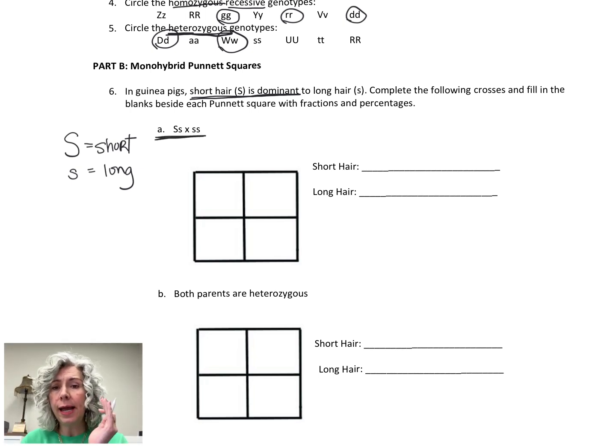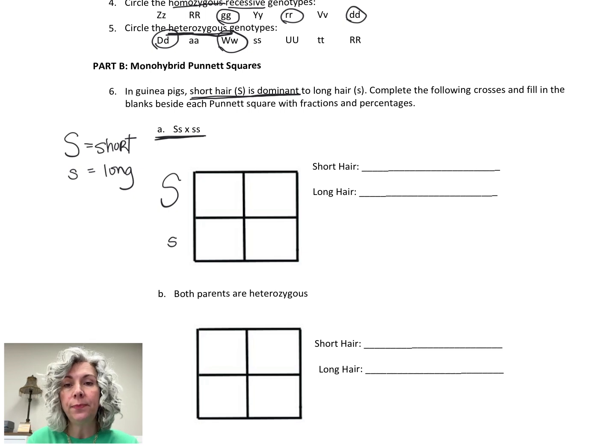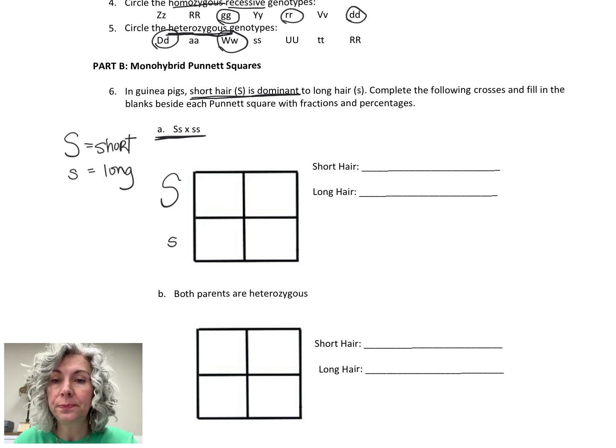So we've got a heterozygous times a recessive homozygous. So it really doesn't matter what you do on the left versus across the top. I like to just start with the first individual here, the first genotype, and go down the left. So I'm going to put a capital S here and a lowercase s here. That's this one.